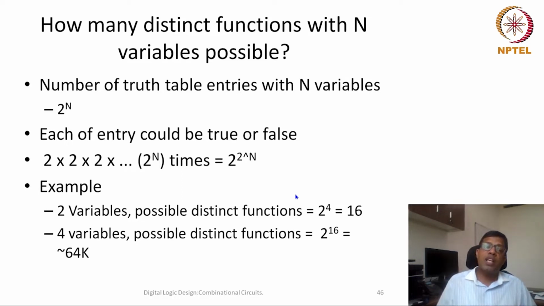So if I want to design a function of only 4 variables, I have to have either all these 64,000 possibilities, so that I can pick and choose the function I would like to design, or I have to design something generic, so that this particular generic unit can implement any of these 64,000 functions of 4 variables, which has 4 inputs, but only one at a time.